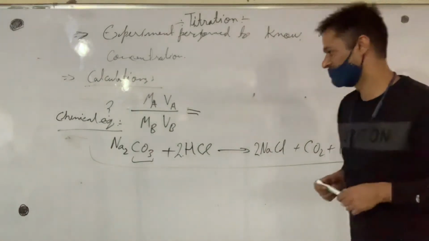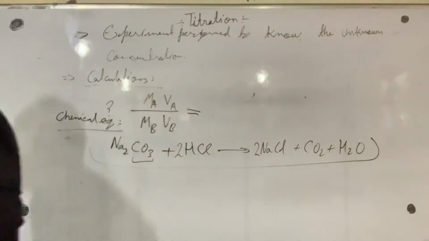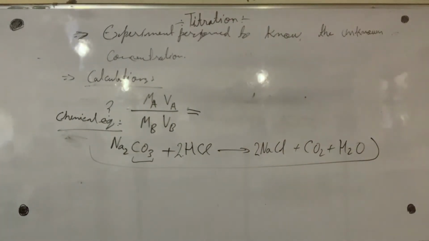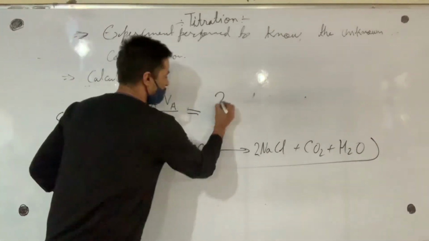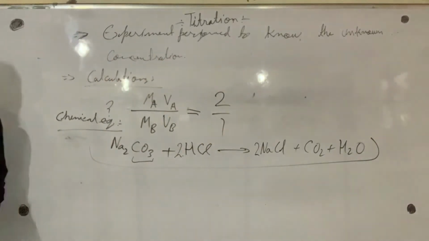How much? What is the number of moles of acid according to the reaction? Yes. How many moles of acid are being used in the reaction? 2 moles, 2 upon 1.